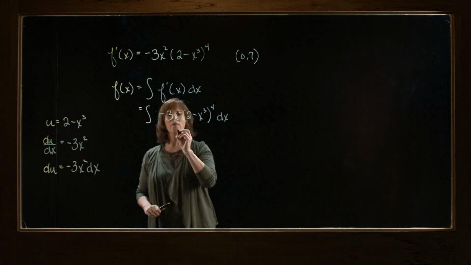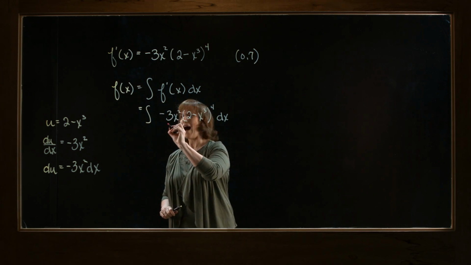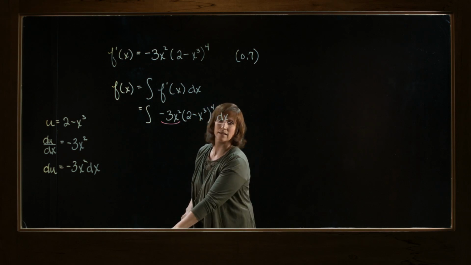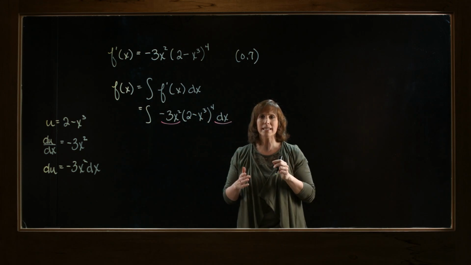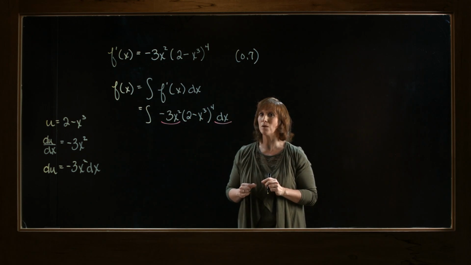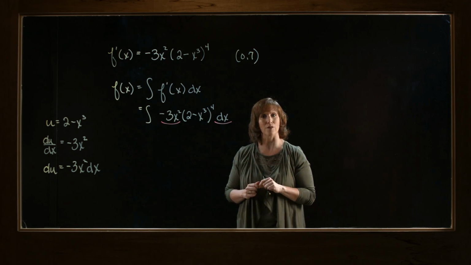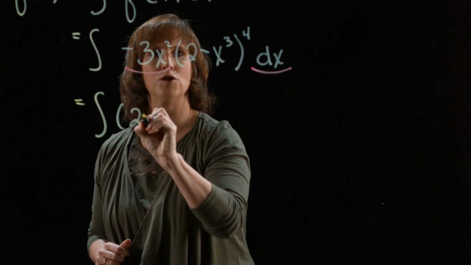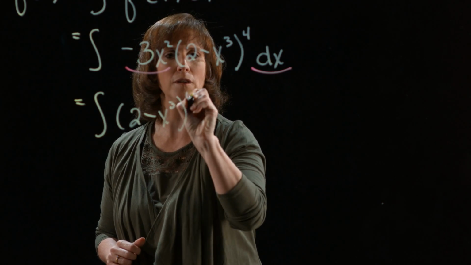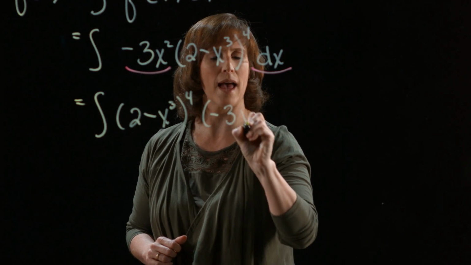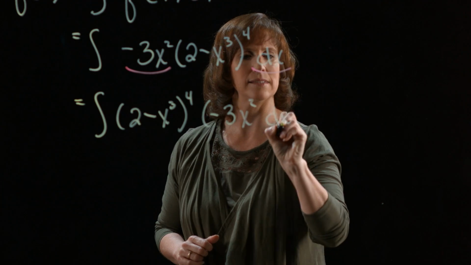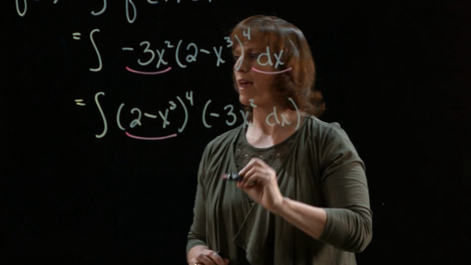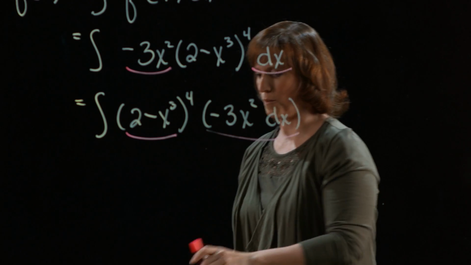And if I look at my integral, I have a minus 3x squared and a dx. They're not written together, but remember, multiplication is commutative, so I can rearrange the order if I like. So I can write this as the integral of 2 minus x cubed to the fourth times a minus 3x squared dx. And now I have my u to the fourth and my du.